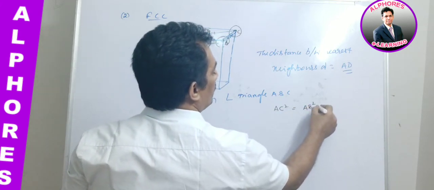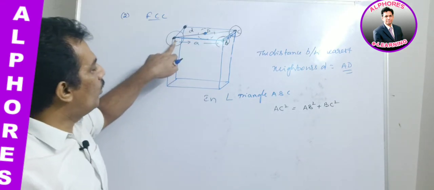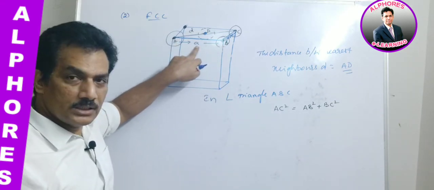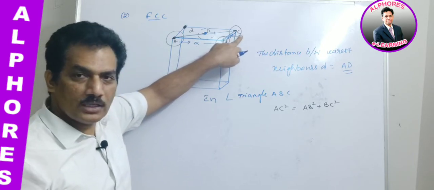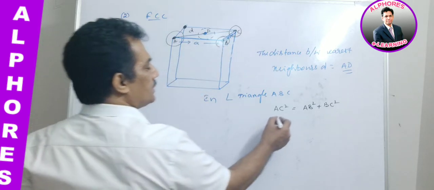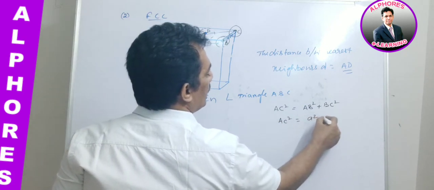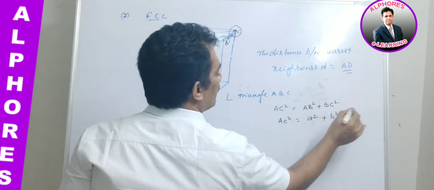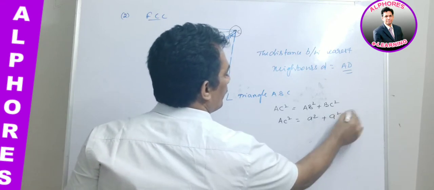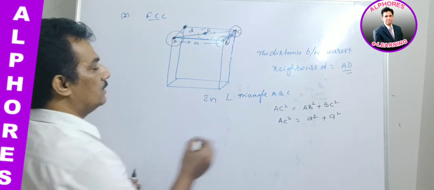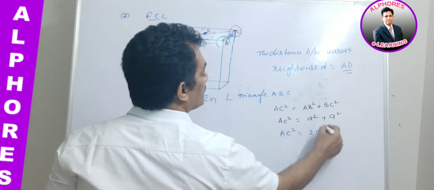And now we know AB is nothing but edge length, and BC is also nothing but edge length. So let us consider AC square is nothing but A square plus A square, that is AC square is equal to 2A square.